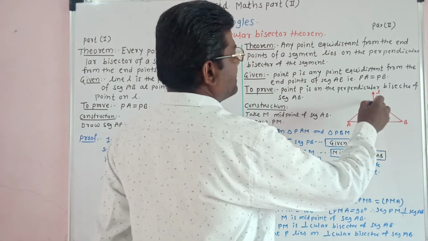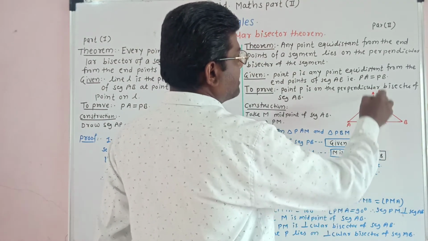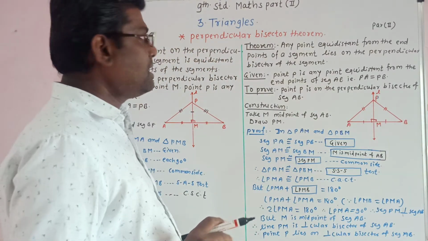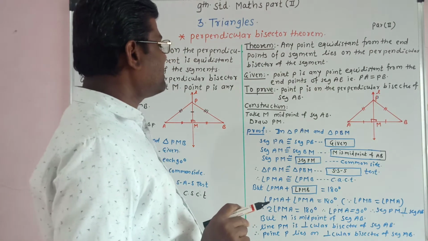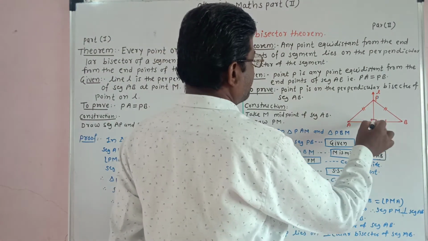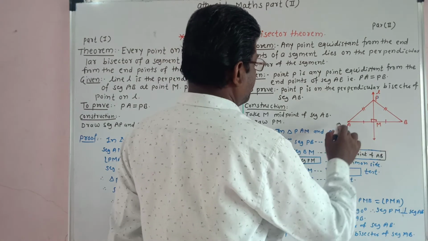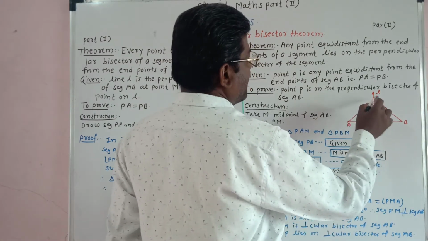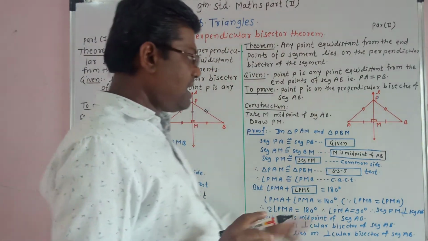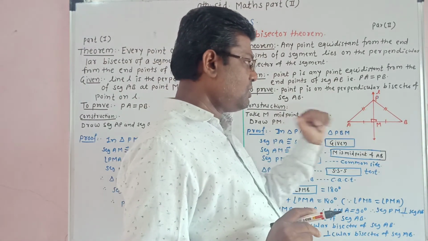Then the point P lies on the perpendicular bisector of AB. This is the converse of the perpendicular bisector theorem. Now the construction is: take point M as the midpoint of AB and draw PM.